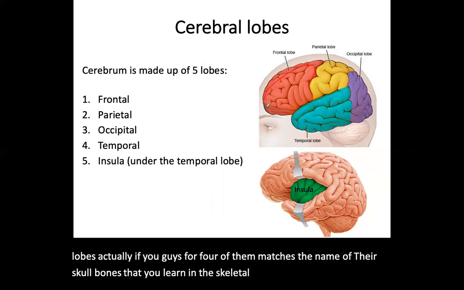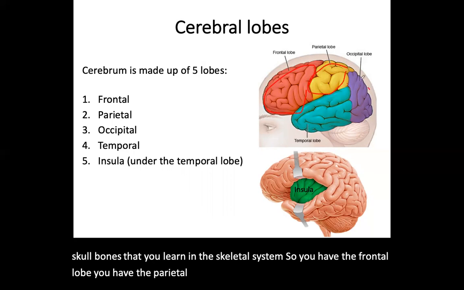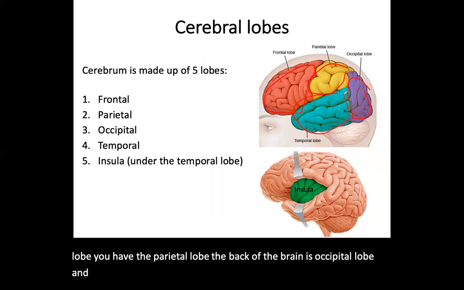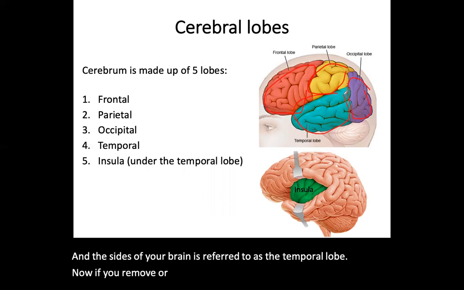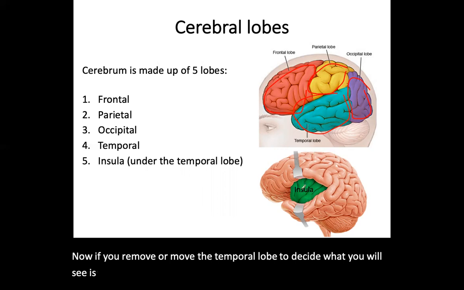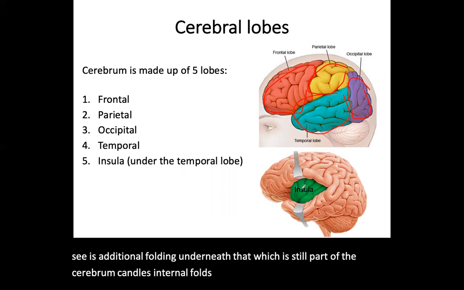So you have the frontal lobe, you have the parietal lobe, the back of the brain is the occipital lobe, and the sides of your brain is referred to as the temporal lobe. Now, if you move the temporal lobe to the side, what you will see is additional folding underneath that, which is still part of the cerebrum, and those internal folds are referred to as insula.